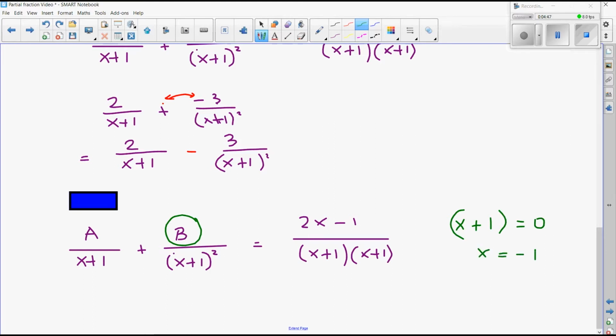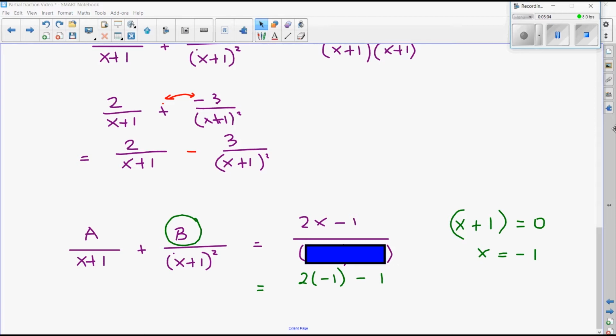I'm going to substitute x equals -1 into the right-hand side: 2 times -1 minus 1, because what we do is cover up the denominator. If you cover up the denominator, you get the value of -3, and so B equals -3. So we substitute B equals -3 into the left-hand side.